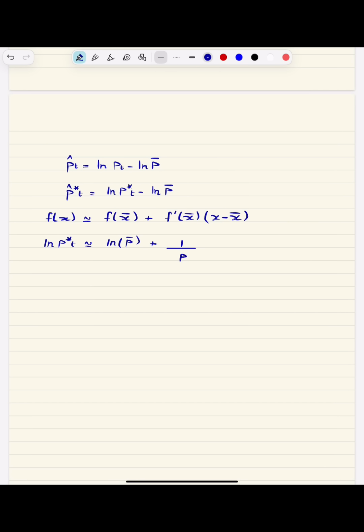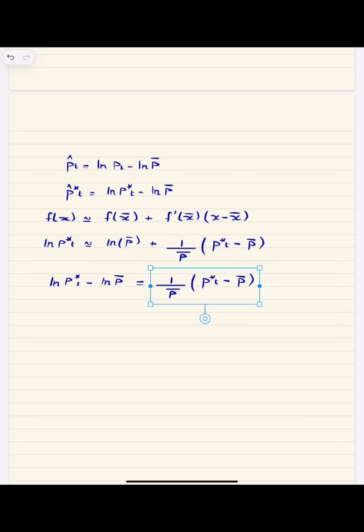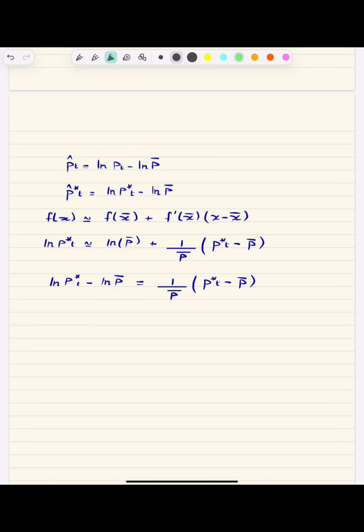At the steady state the p star value is p bar, and then we have p star minus p bar. So therefore we get ln p star t minus ln p bar is equal to this expression, right? And on the left hand side you can see that this is just the deviation of the optimal price from the long run value.